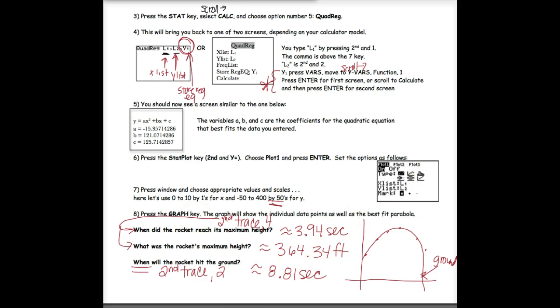All right. So hopefully you had success and don't find this too difficult. One thing that might be helpful just for the future, when you are trying to find a window here in step 7, sometimes if you can't get your window to look right, there's a choice in there under your zoom menu.